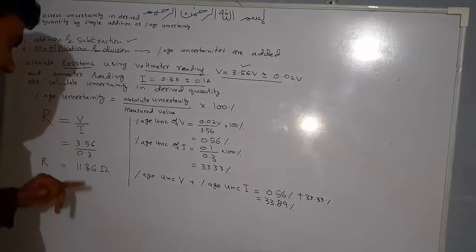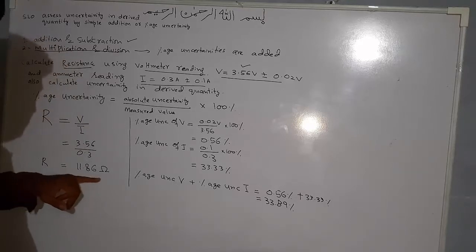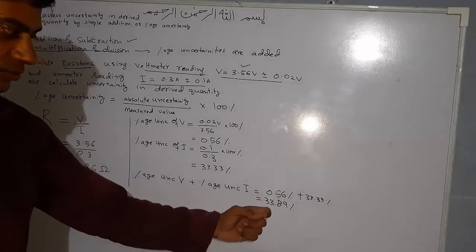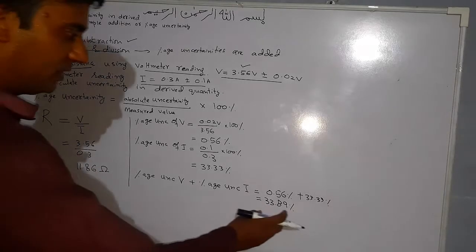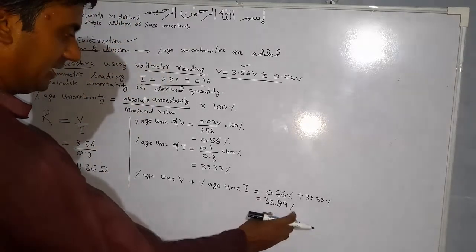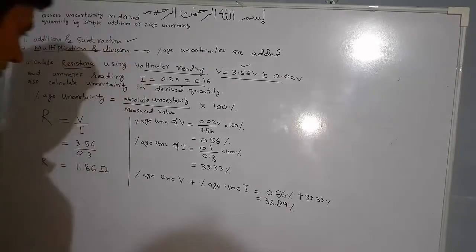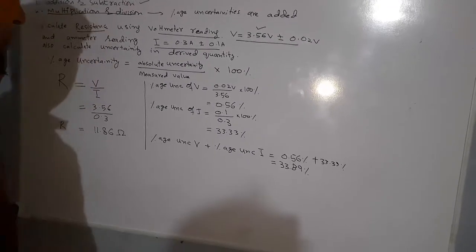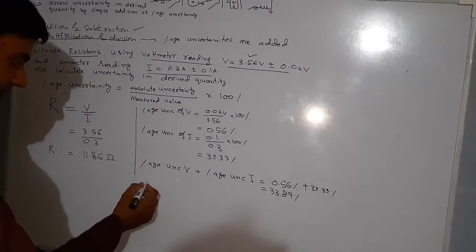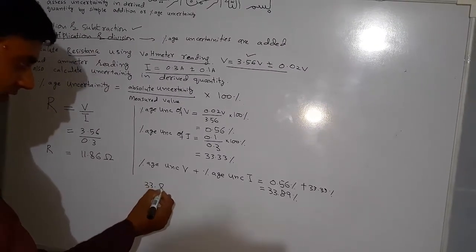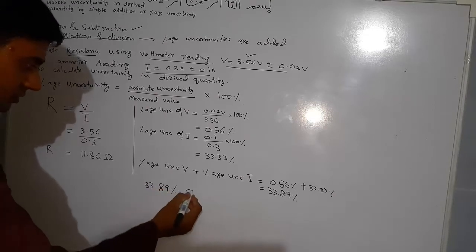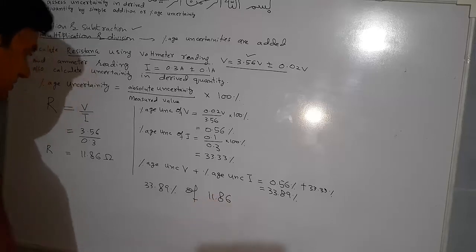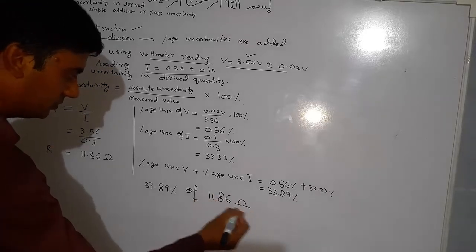Now, the resistance value we have calculated is 11.86 ohms. So the final value having an error or uncertainty will be 33.89% of this. So first we calculate 33.89% of 11.86 ohms.